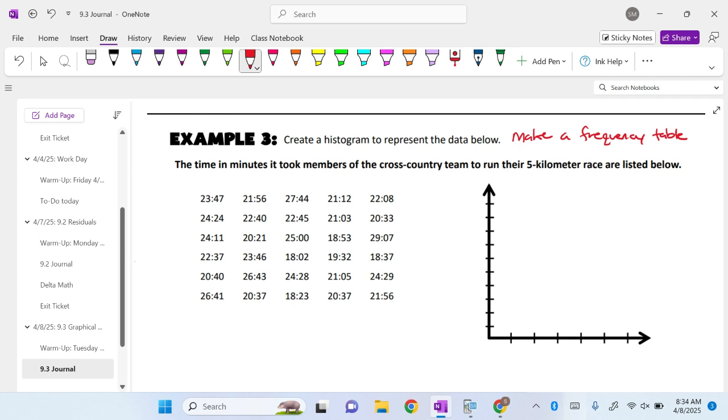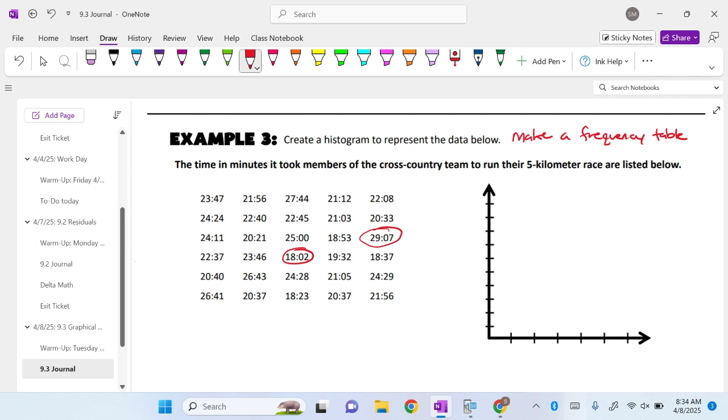All right. So what did you guys get for the lowest number? 18.02, which is right here. That's my lowest. What's your highest? 29.07. So right here. All right.